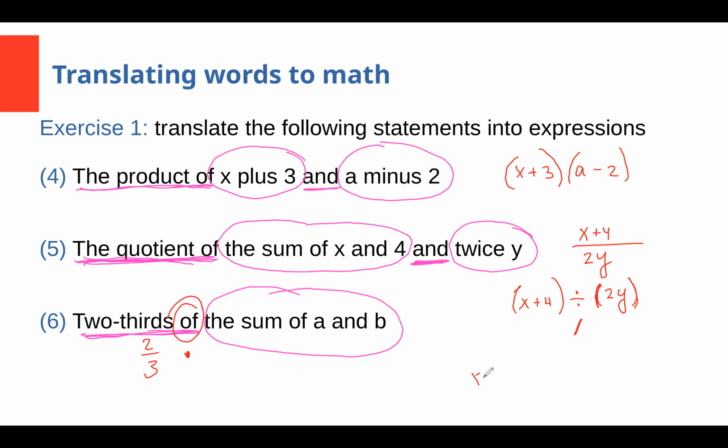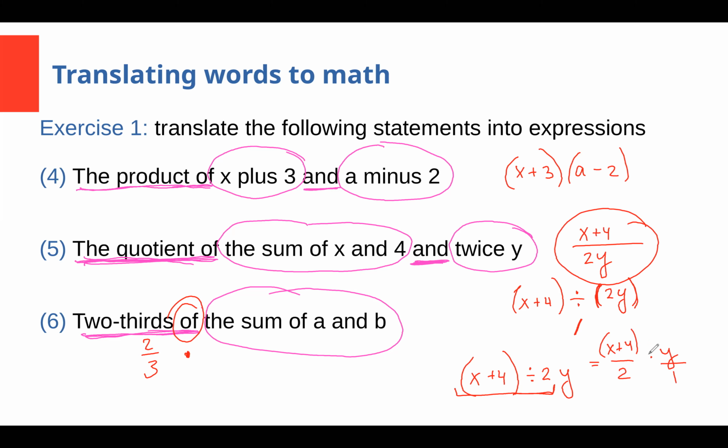If you do x plus 4 inside parentheses divided by 2 and then y, what it can be interpreted is that this division happens first and then it's multiplied by y. So in other words, if I rewrite it in this form, it will be x plus 4 over 2 times y. So guess what? It becomes the multiplier of the x plus 4, right?